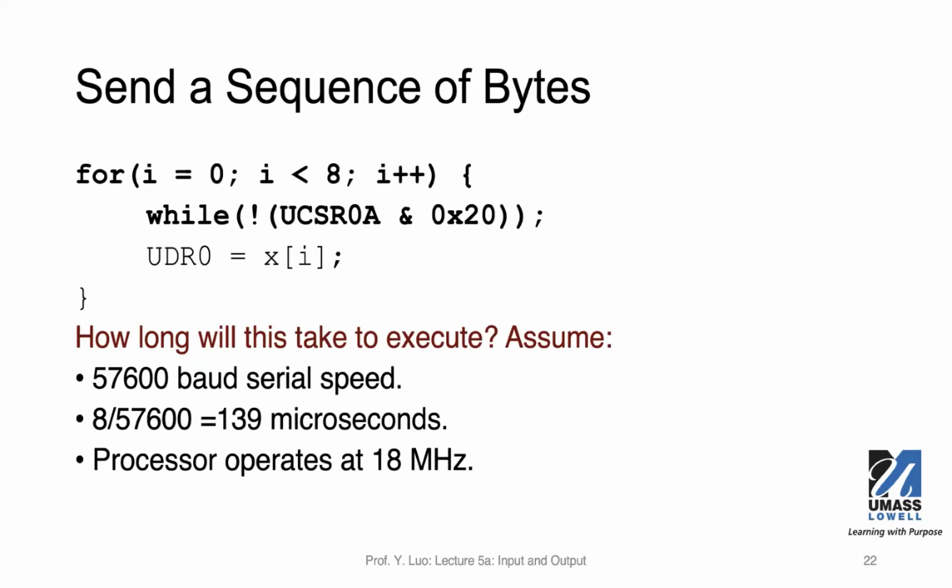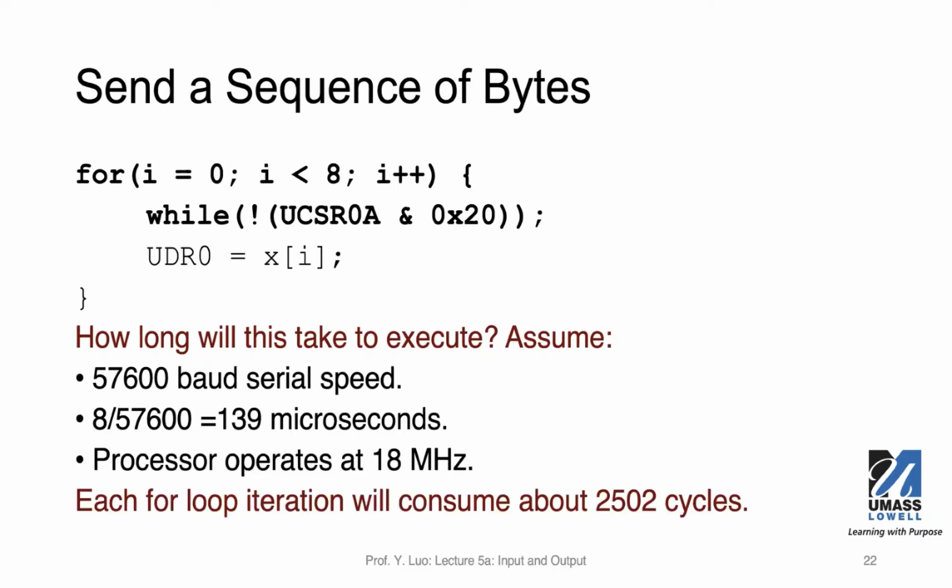Now, this rate will be transferred to about 140 microseconds for 1 byte. Assuming the processor operates at 18 megahertz, then we are actually spending about 25,000 cycles for each loop iteration.